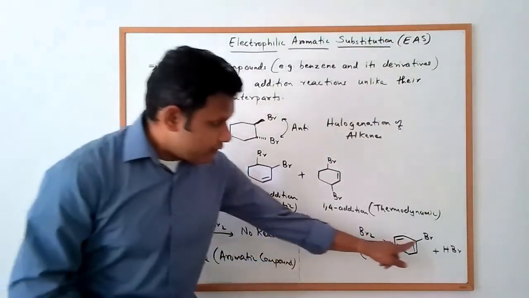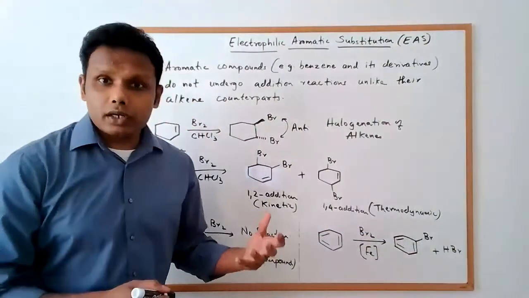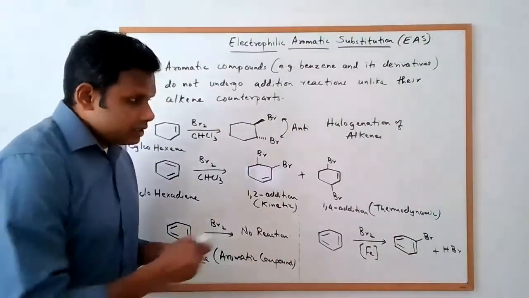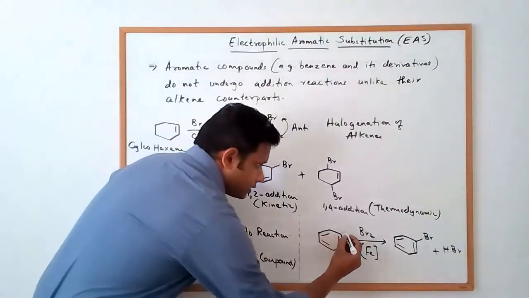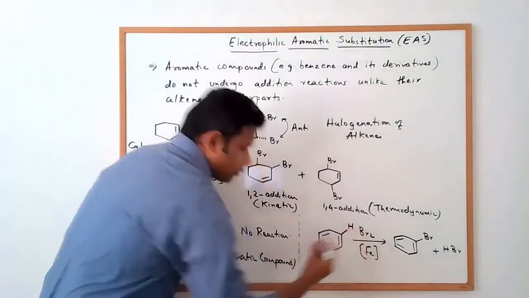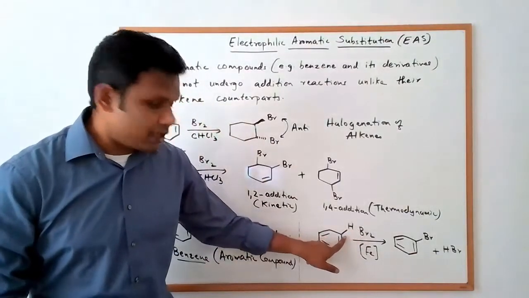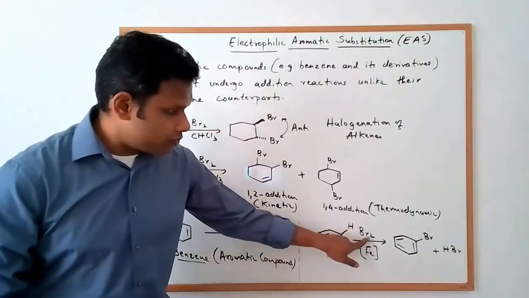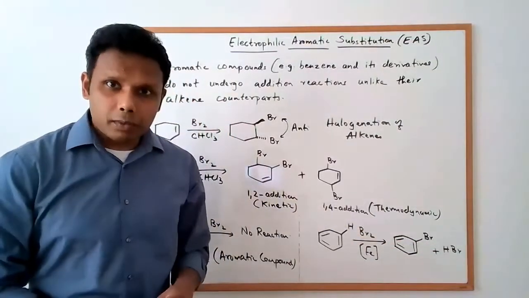But if we look at the product here, this product is not an addition product. It is actually a substitution product, because the hydrogen that was here was substituted by one of the bromines, and the hydrogen went with the other bromine to give us the side product, which is HBr.